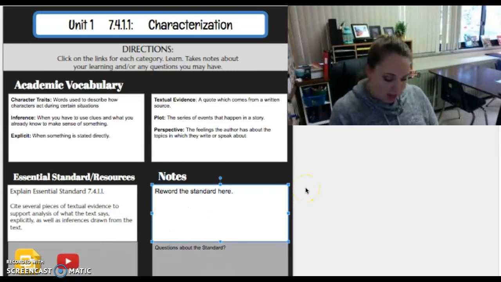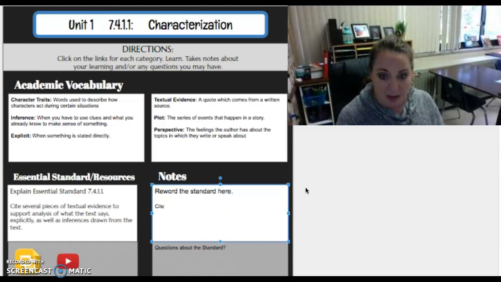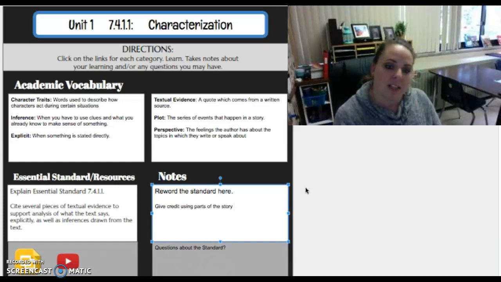So if I was a student and I was doing this, I would think about the words. Like, what does the word cite mean? Well, it means to give credit, right? What are pieces of textual evidence? Give credit using parts of the story, and then to support analysis, you can say to support or to back up what you think.